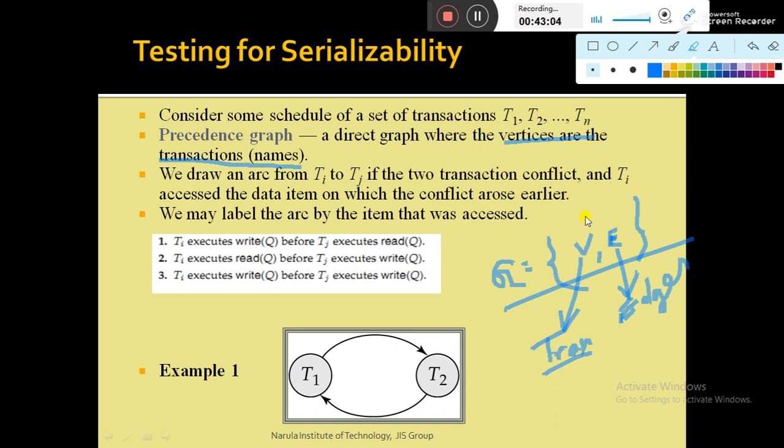Transactions are represented as the vertices. In the example, two vertices are there, meaning two transactions, T1 and T2, and these are the edges, represented by E. We can draw an edge from T1 to T2 if T1 executes write before T2 executes read, or T1 executes read before T2 executes write, or T1 executes write before T2 executes write. So let's take an example.